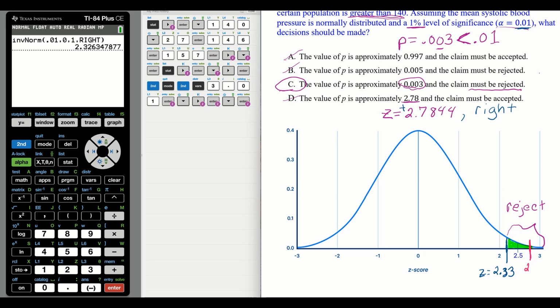It was 2.78. So obviously, our z-score is in the rejection zone, and that verifies that our p is less than our level of significance. And this is the z-score that we imply by that alpha equaling 0.01. So we're within the rejection zone.